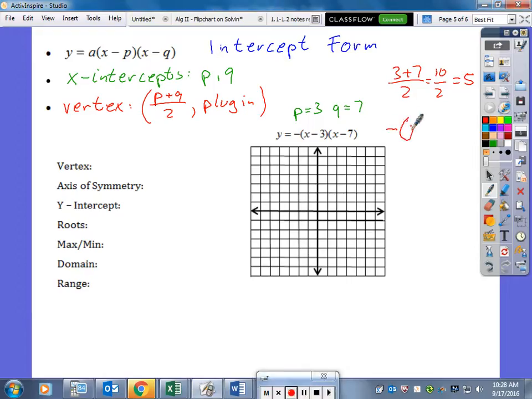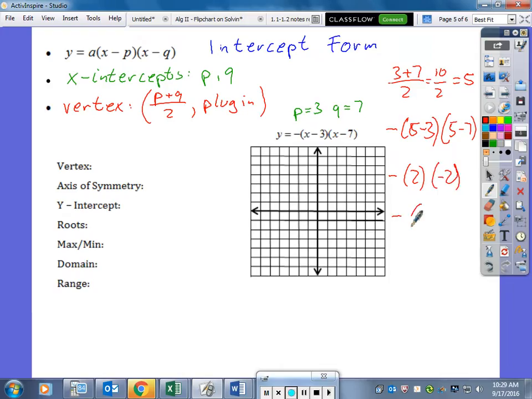Negative (5 minus 3) times (5 minus 7). So we get negative 2 times negative 2.